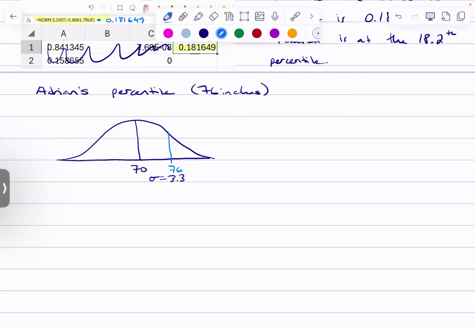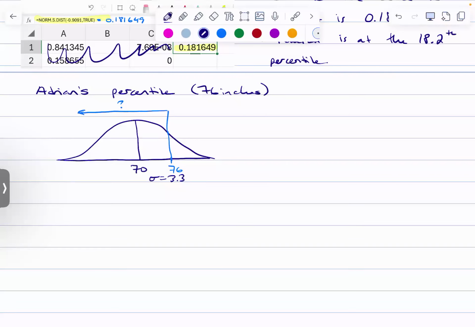So here, just so I'm not shading like crazy, I'm looking for this area. The percentile for 76 inches is all the area below 76. To get there, what do we need to do? We need to standardize this.